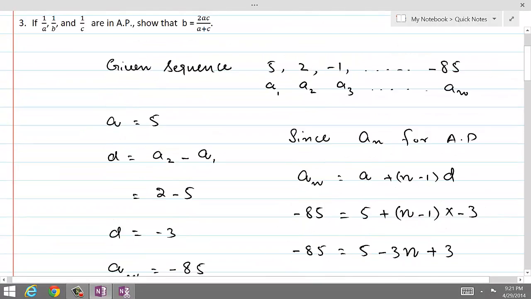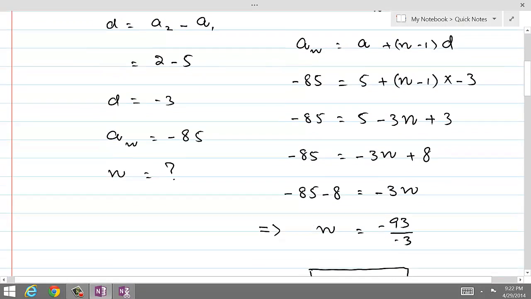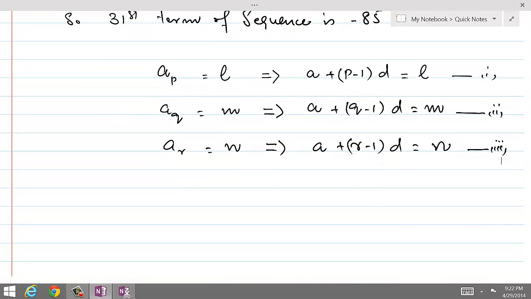If we carefully examine the question, the relation which we need to prove is independent of A as well as D. A and D don't appear in the relation that we need to prove. So from equations 1, 2 and 3, somehow we will need to eliminate A and D. Keeping that in mind, we subtract 2 from 1.